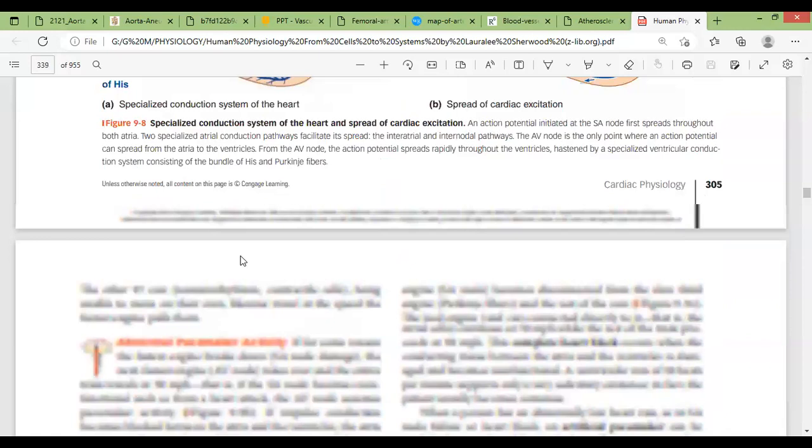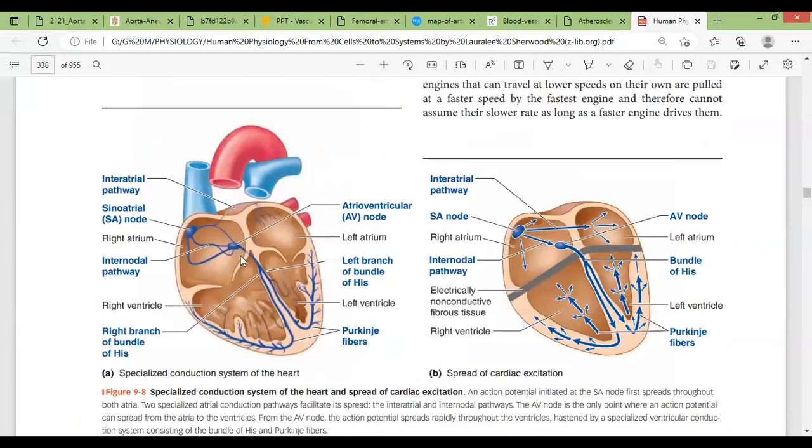Now someone can explain how this sinoatrial node fires and how it eventually leads to contraction of the heart. Or you can explain halfway to where you know, and then we can help you from there.